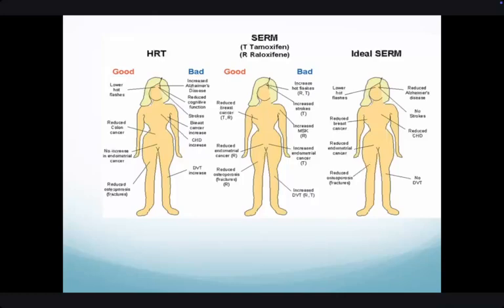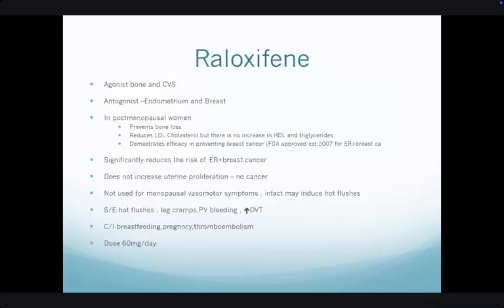So our reason for doing this presentation is to look at what is an ideal SERM, what can cover all the side effects. So when we look at raloxifene, it is known as a failed breast cancer drug and is the only SERM approved internationally to be used for prevention and treatment of postmenopausal osteoporosis and vertebral fractures.